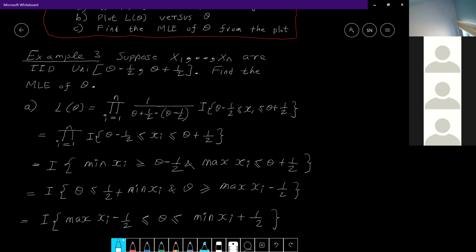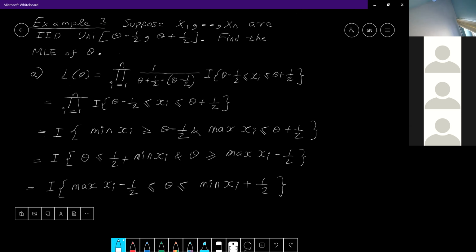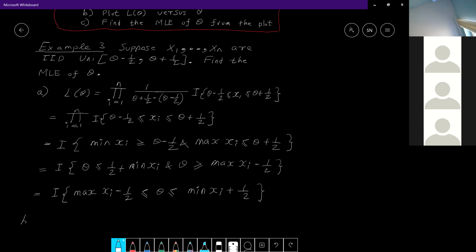Okay, so this is part A. And part B is to plot the function. Plot L of theta versus theta. Let's see how we can do it.